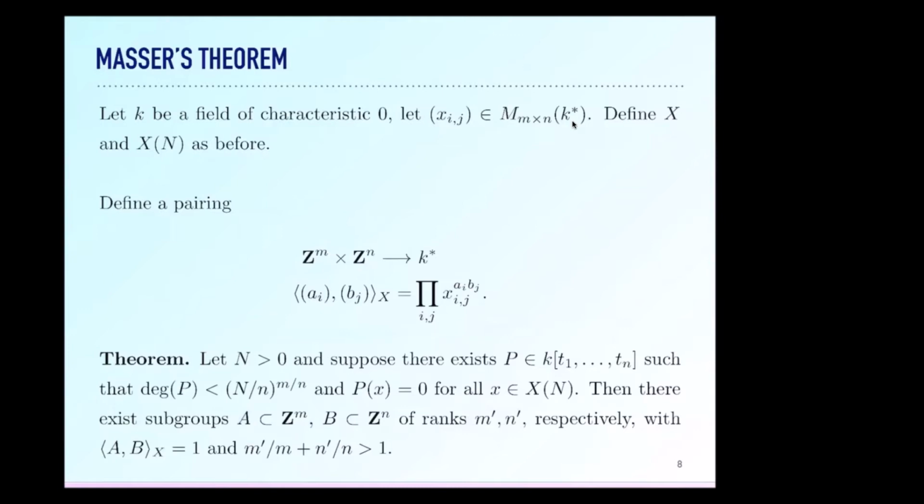Of course, saying that this is equal to 1, if you take the logarithm, is saying that the logarithm is equal to 0. So it's very easy to translate this into the conclusion that I gave about the change of bases matrices on the right and the left. You choose bases for your Z^m and Z^n that start with bases for A and B respectively. Then when you write down your matrix with respect to that basis, you're going to get a big block of zeros in the logarithm matrix.